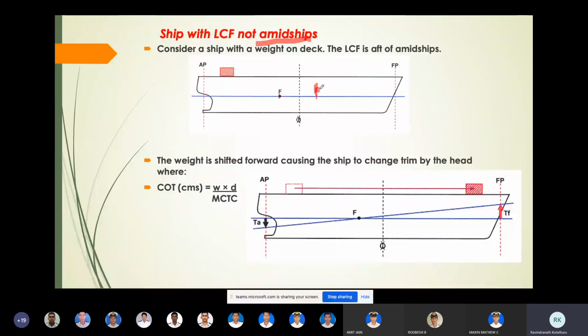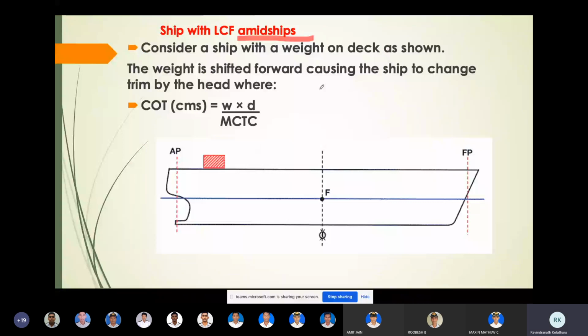So we will be discussing these two conditions to see how the position of F affects the trim of the ship. Because we already said that it is due to the position of F only that the entire trim of the vessel occurs. So when this position changes, how does the trim of the ship change?